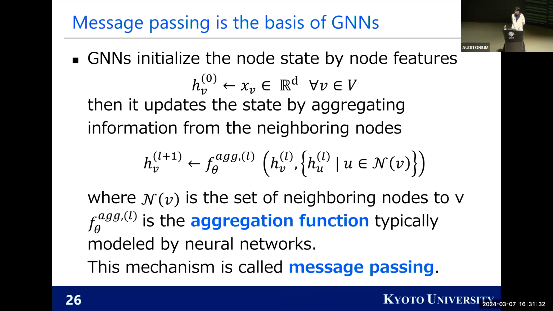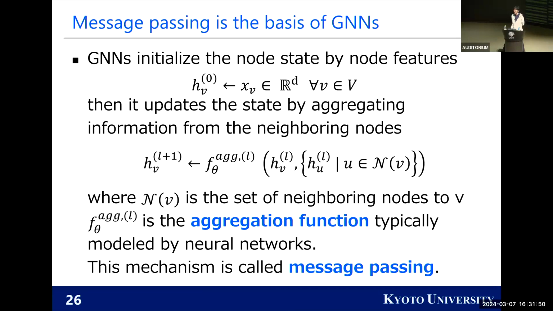It takes two inputs. The first one is H_V^L, which is the previous state of the node V. And the characteristic of graph networks is the second argument, which is a set of the states of the surrounding nodes, or neighboring nodes.